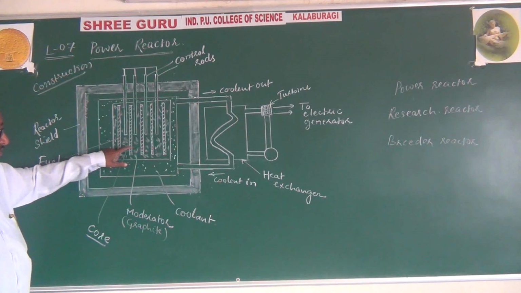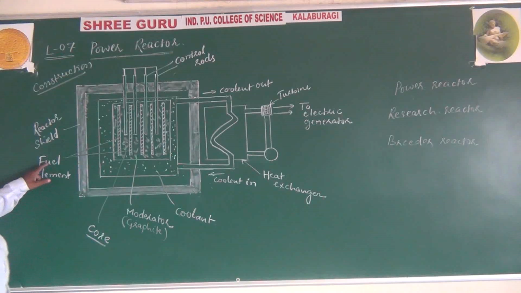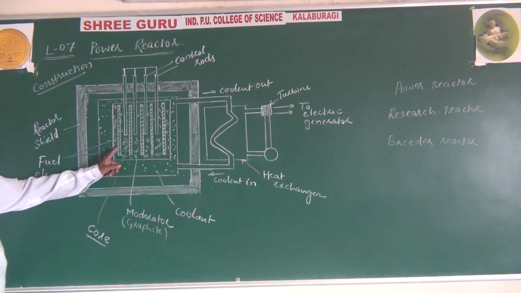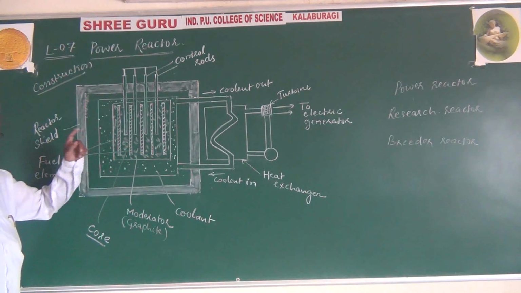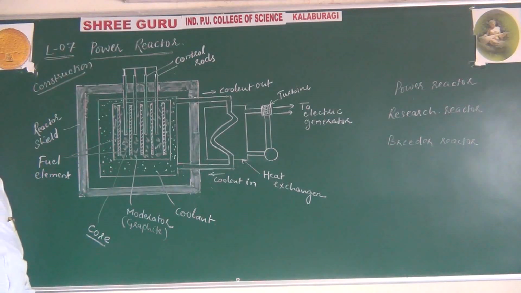These enriched uranium rods we call the fuel element. The fuel element is made of uranium or any other radioactive element. So these are the fuel elements, for example enriched uranium.